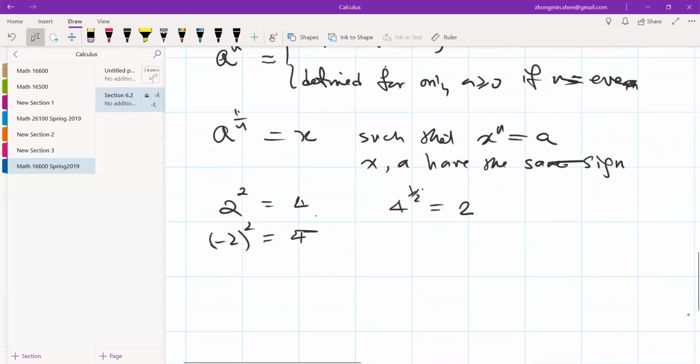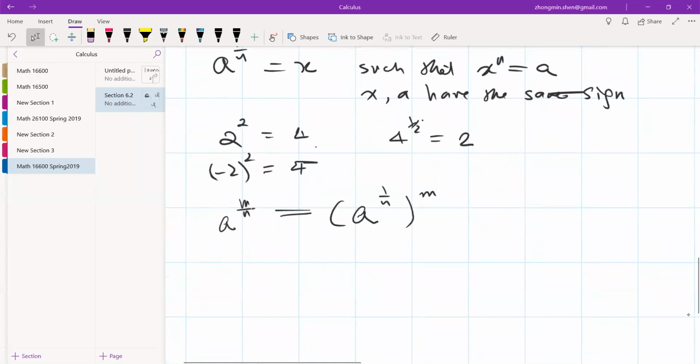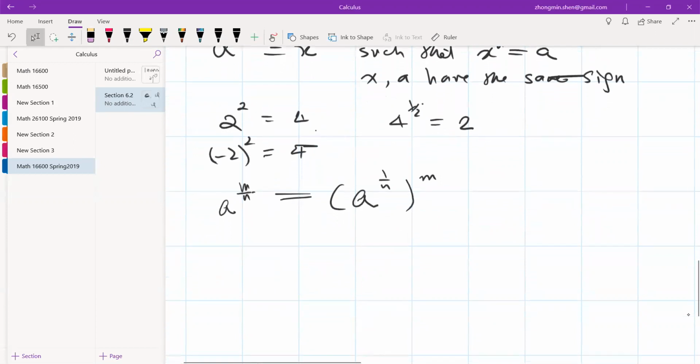So now, a to the m over n is defined to be a to the 1 over n first, then you raise it to the m. That's the definition. If the power is a rational number and the denominator is odd, then this is defined for any value of a. But if n is even, you have to assume a is positive.